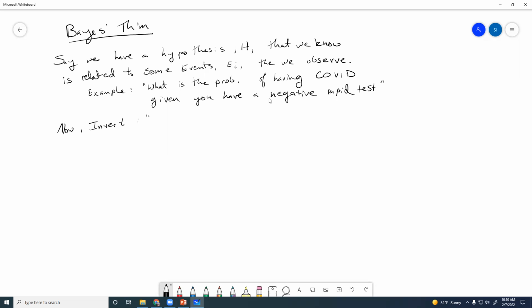And that would say, what is the probability, so I guess start with this. The probability of H is equal to the probability of having COVID, and then our event, or EI, is that we have a negative test.